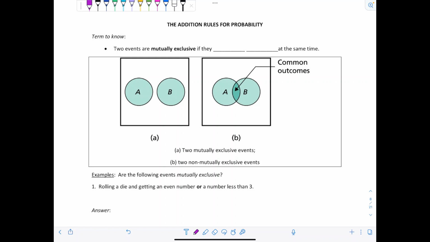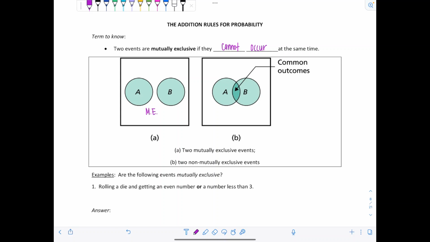So you're going to hear this term a lot, mutually exclusive. Two events are mutually exclusive if they cannot occur, or cannot happen, at the same time. So look here, events A and B are illustrated, and notice there's no overlap. So A and B, these are mutually exclusive.